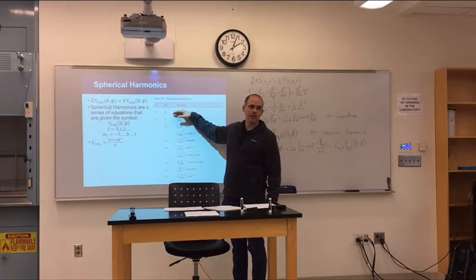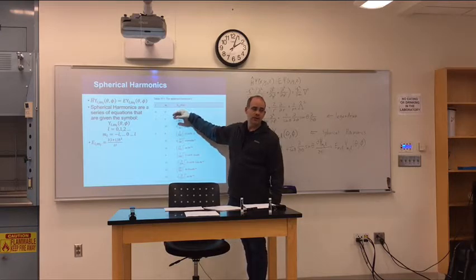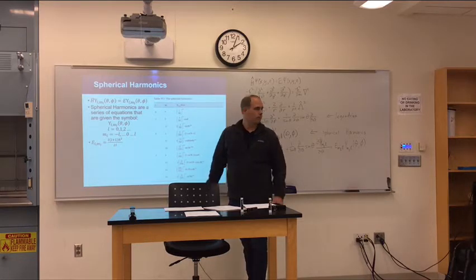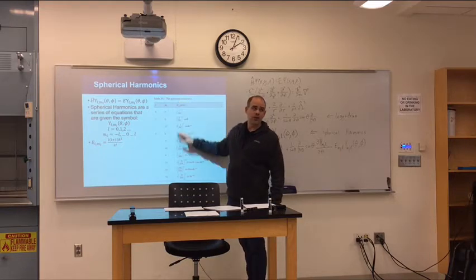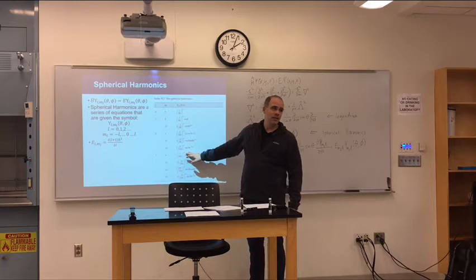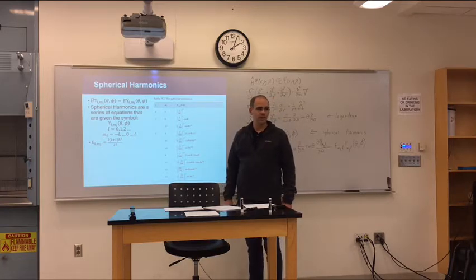Similar to how we have the Hermite polynomials for the harmonic oscillator, we have the same sort of thing for our particle on a sphere. The equations are called the spherical harmonics. You will not need to memorize these. Instead, you need to know how to use the table.